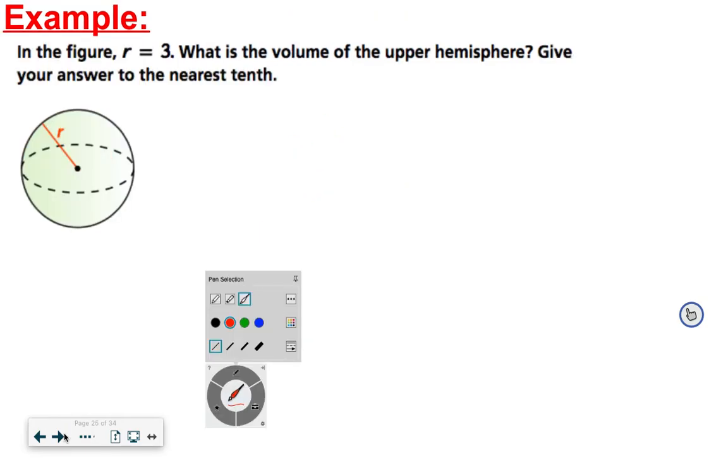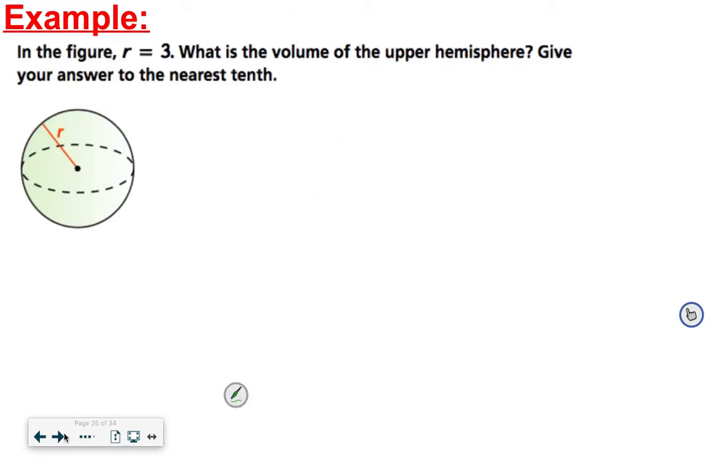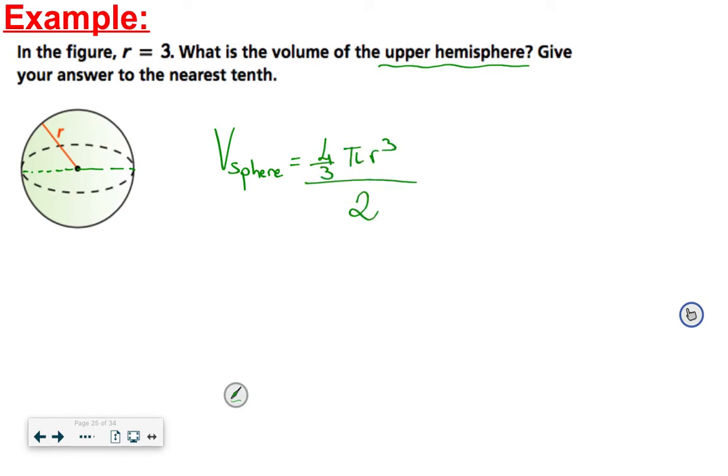Next. In the figure, radius is 3. What is the volume of the upper hemisphere? Which means that I'm looking for here. Upper hemisphere, give your answer to the nearest 10th. We are looking for semisphere, which means that the volume is 4 over 3 pi r cubed over 2.